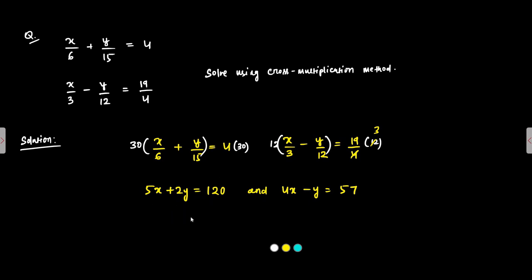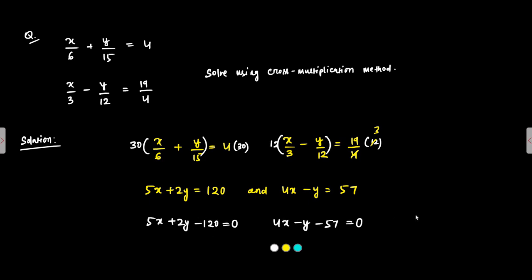So again we'll convert it into ax plus by plus c format. So then it will be 5x plus 2y minus 120 is equal to 0, and 4x minus y minus 57 is equal to 0. So if we compare it with ax plus by plus c format, this is a1, b1, c1, and this is a2, b2, c2.